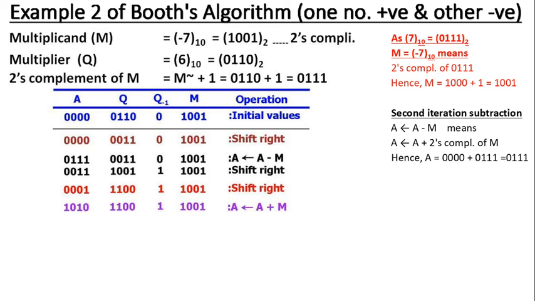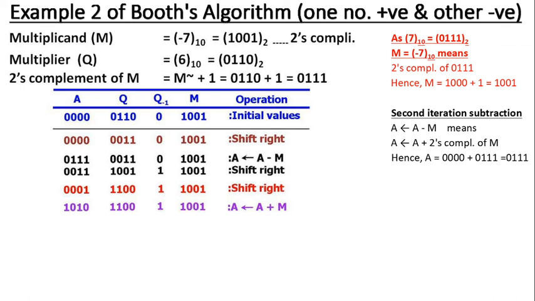How did I get this 1010 here in the fourth iteration inside register A? For that purpose, we require the earlier iteration's value of A, the third iteration's value of A, that is equal to 0001, just that above line which is shown in red color.